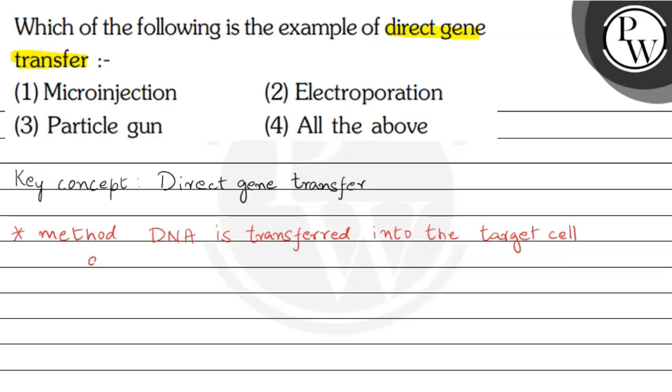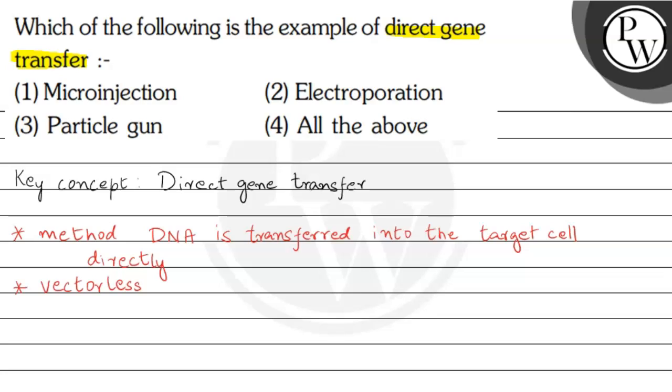So in this method, we do not require a vector. So we can say that direct gene transfer is a vectorless method of gene transfer.